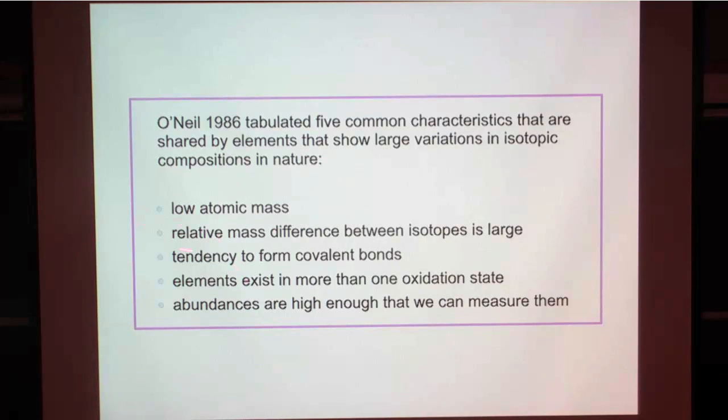So they have low atomic mass. The relative mass difference between the isotopes is large. These two go together. The tendency to form covalent bonds, because they're stronger. Elements exist in more than one oxidation state, like I was just telling you. And the abundances are high enough that we can measure them. So this is what we knew as basic rules of stable isotope geochemistry in 1986.